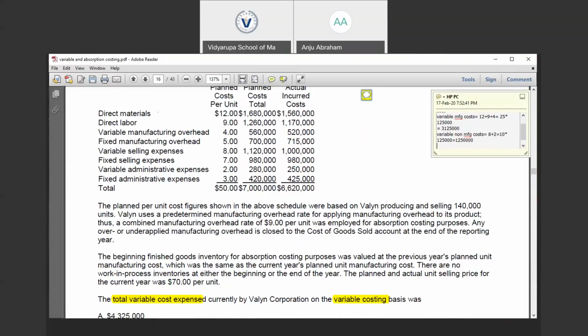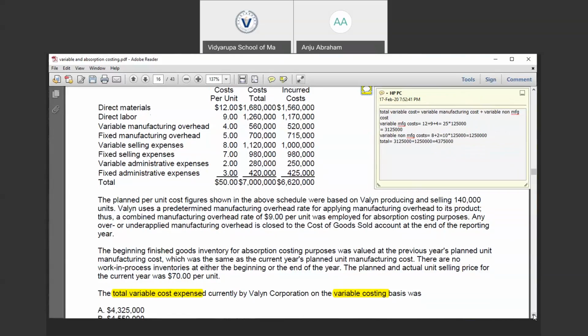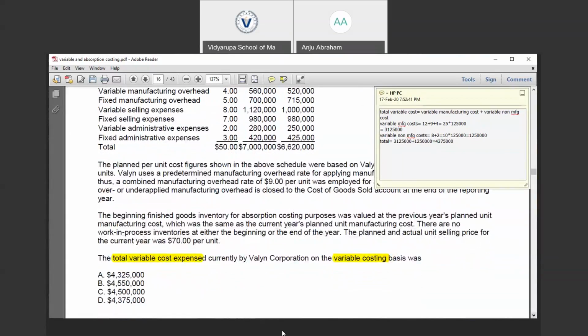So the total variable cost is equal to 3,125,000 plus 1,250,000, which equals 4,375,000. So option D.